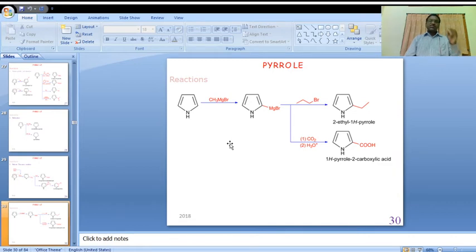In the first case, this second-substituted pyrrole on reaction with the alkyl bromide produces 2-ethyl 1H-pyrrole.